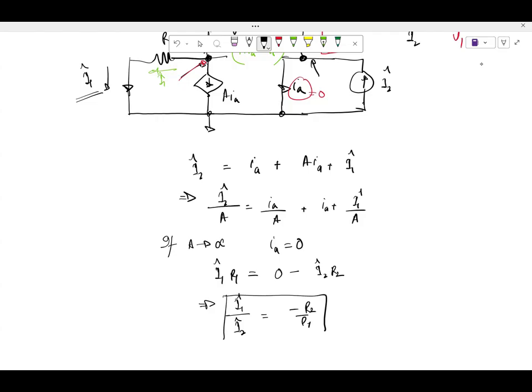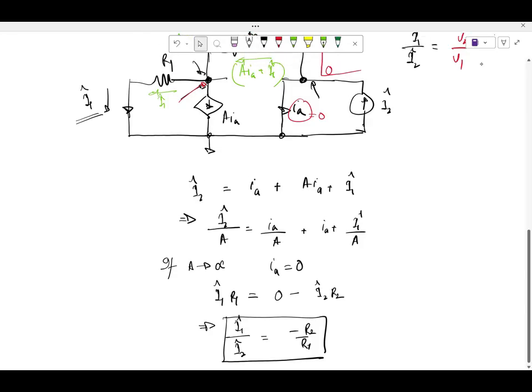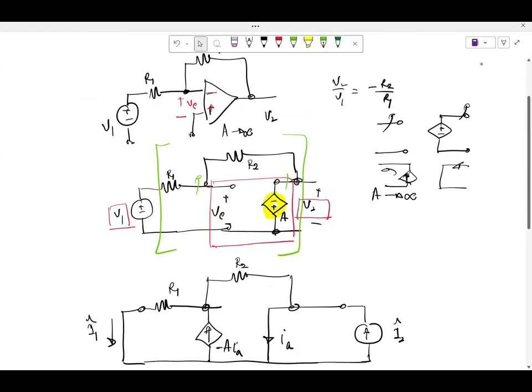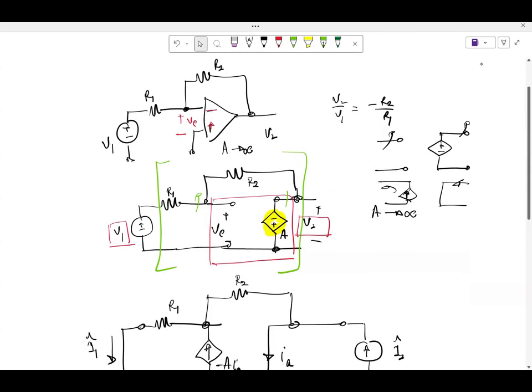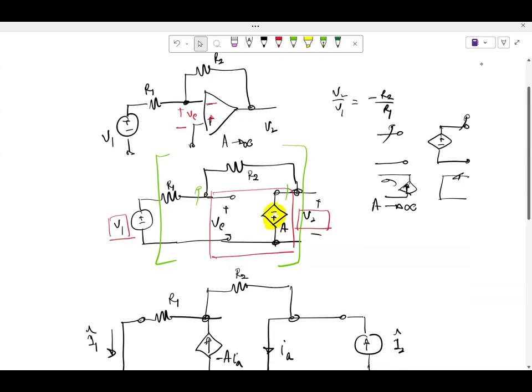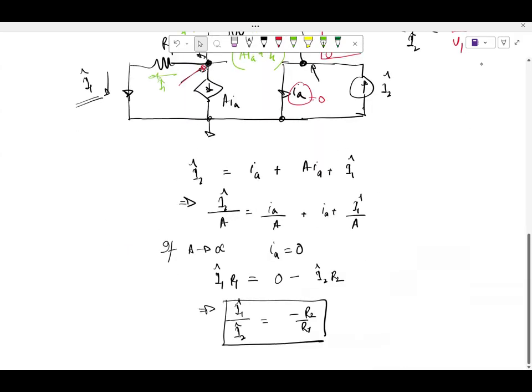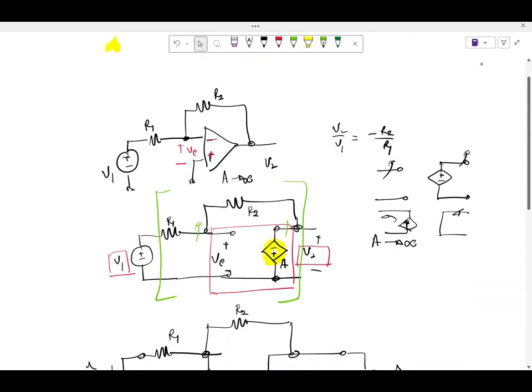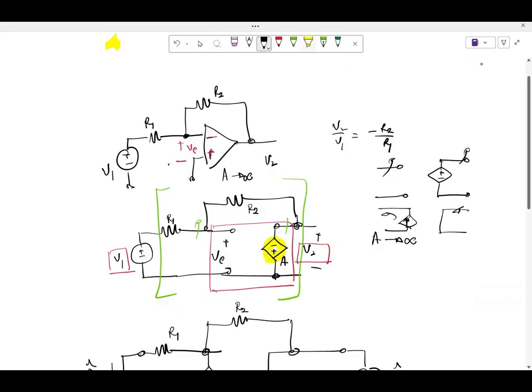So this is what we are anyway supposed to get if we were doing the brute force analysis using an ideal op amp, right? Just like in an ideal op amp, you were seeing this VE to be equal to 0, V goes to 0, which means you have a virtual short.